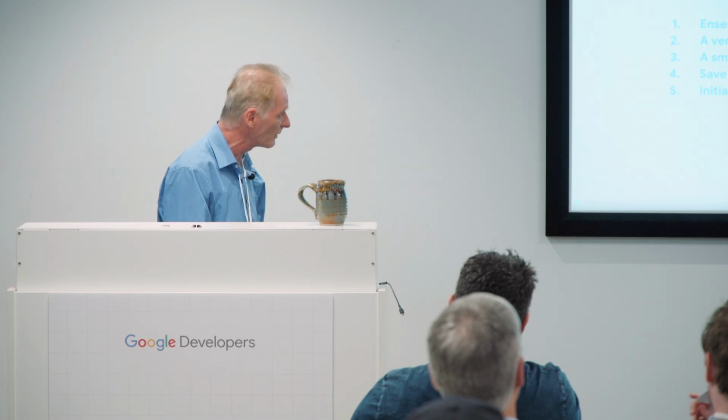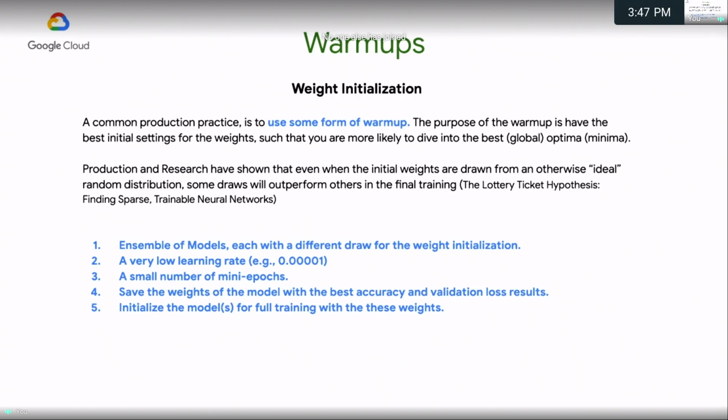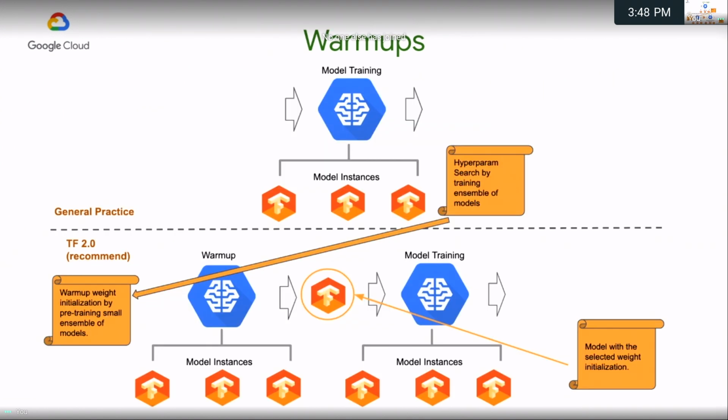But we've taken that concept into warm-ups, and generally the recommendation is, before we start our hyperparameter search, let's take several copies of the model, each of them having a different initialization, start with a really low learning rate, and do very short runs on each one.